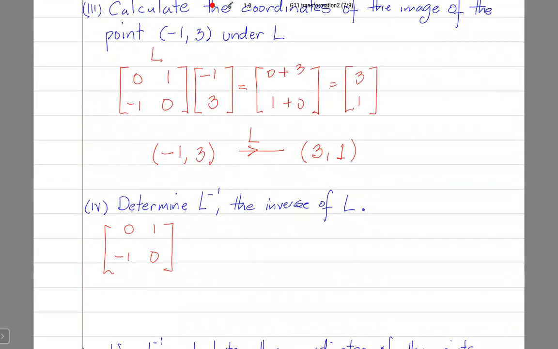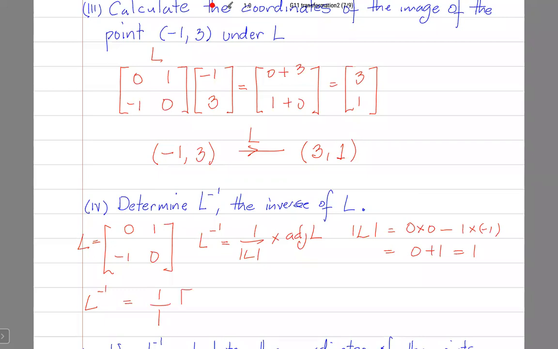L inverse is 1 over the determinant of L times adjoint L. The determinant of L is 0 times 0, minus 1 times minus 1. So this is 0 plus 1. The determinant is 1. So L inverse would be 1 over 1 adjoint L.